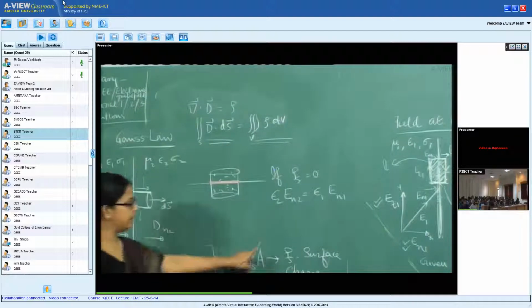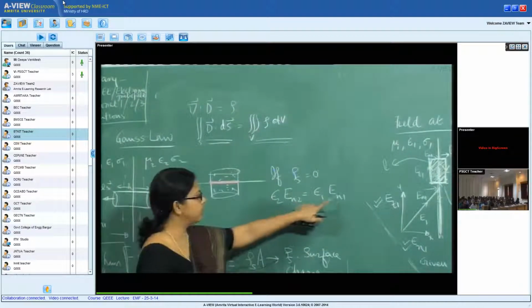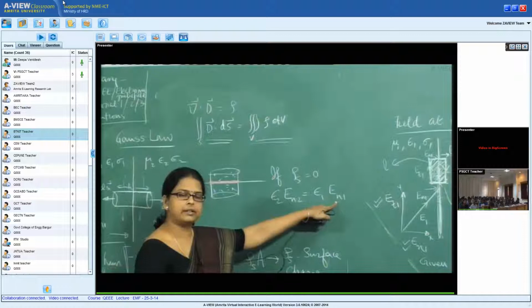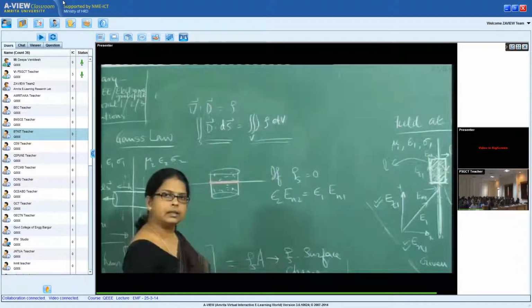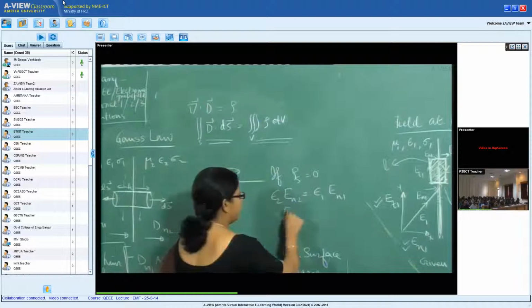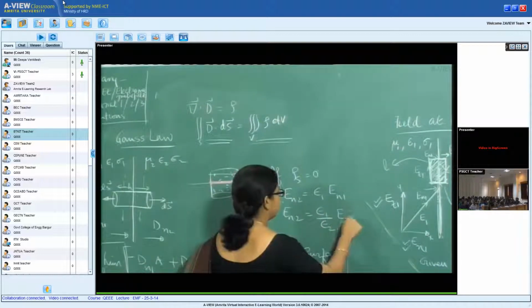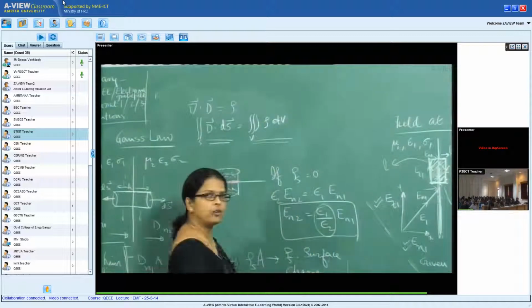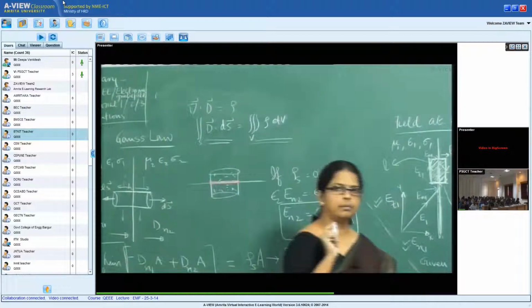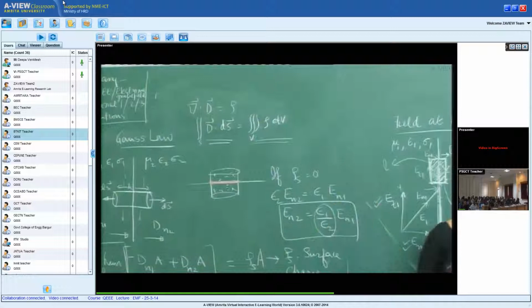Even then, En2 is not the same as En1. The normal components of the electric fields are not identical. So En2 I can calculate; it is scaled by the ratio of the two permittivities.